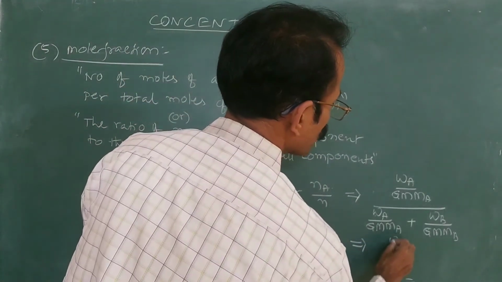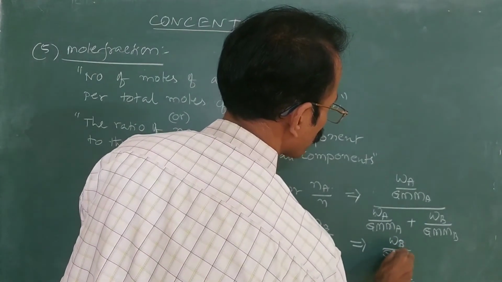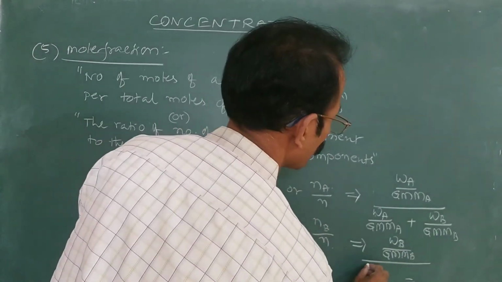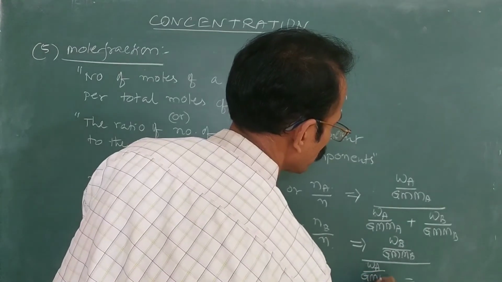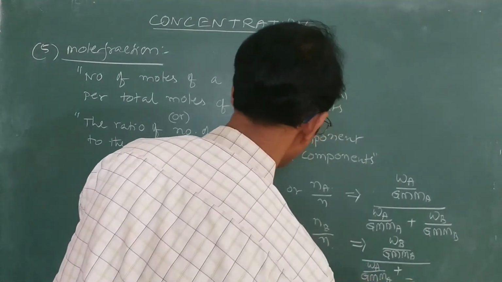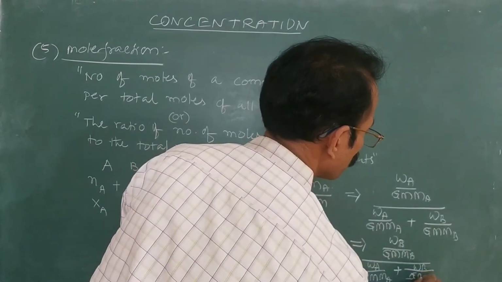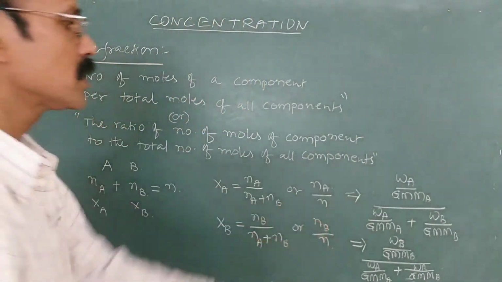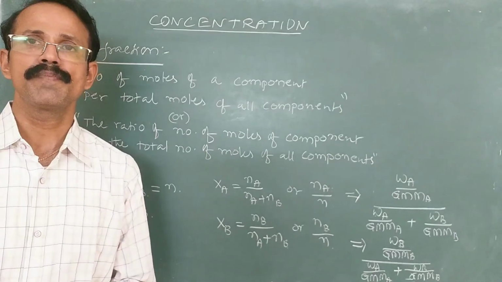The number of moles of B, substituted by mass by gram molar mass of B, divided by the number of moles of A, which is again Wa by GMMA plus Wb by GMMB, gram molar mass of B. Okay, so this is the other formula for calculation of the mole fraction of a component.